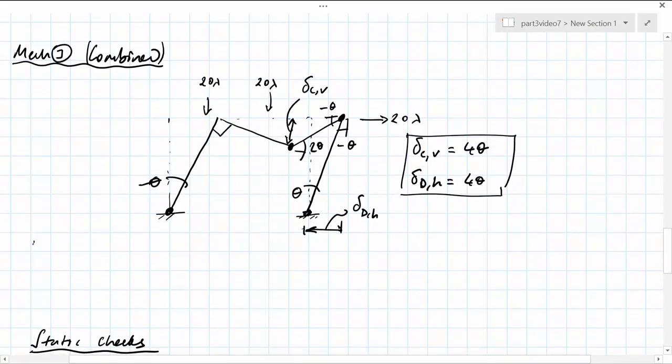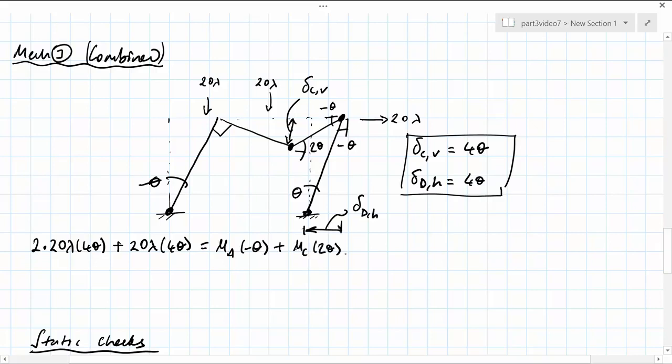Performing virtual work gives us 2 times 20 lambda times 4 theta, which is the vertical contribution, plus the horizontal contribution of 20 lambda times 4 theta. And that's equal to MA times minus theta plus MC times 2 theta plus MD times minus 2 theta plus ME times theta.